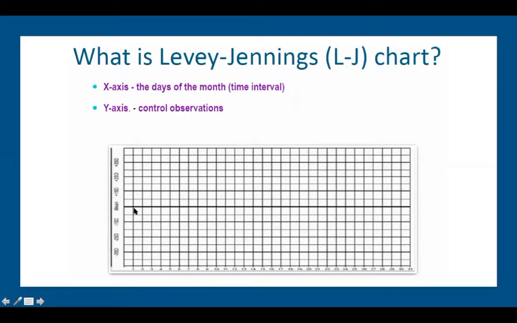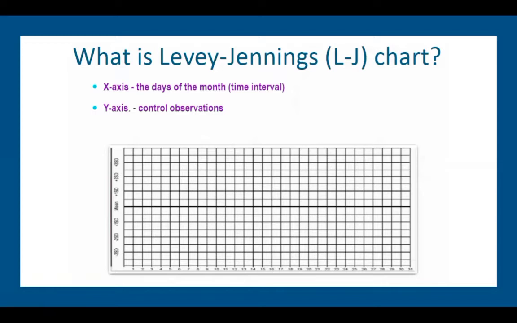And on the horizontal line, we write the number of observations. We are running a 2-level control daily: 1 morning, 1 evening, 2 morning, 2 evening, 3 morning, 3 evening, 4 morning, 4 evening, like that. For different analytes, we need different Levey-Jennings charts. For different levels of control, we need different Levey-Jennings charts.